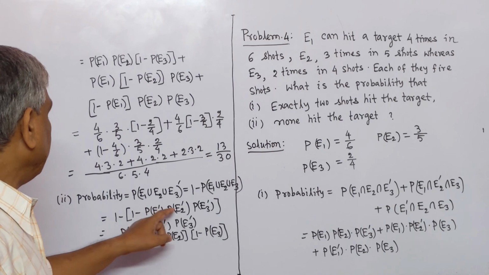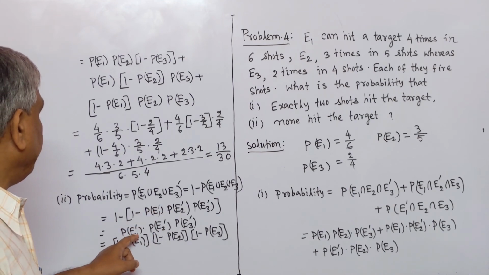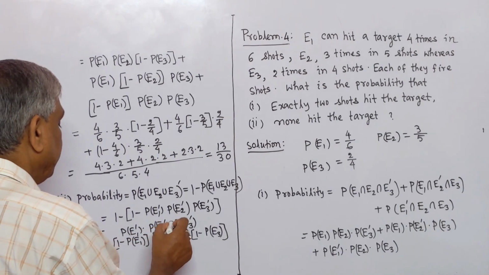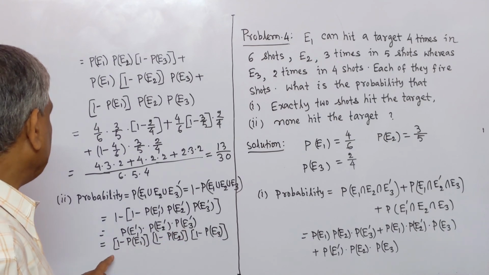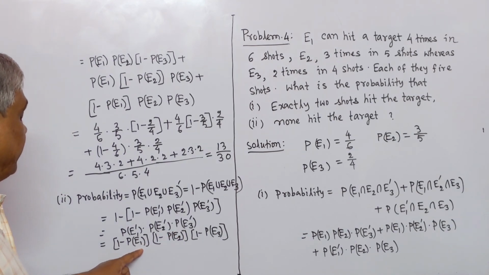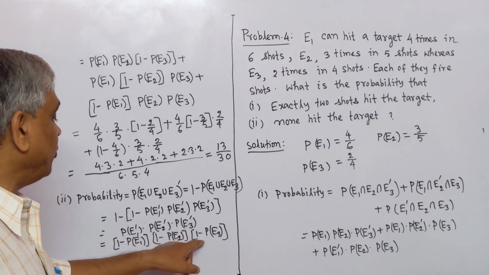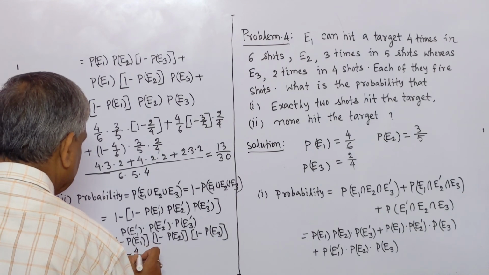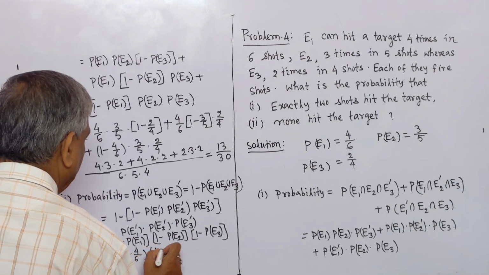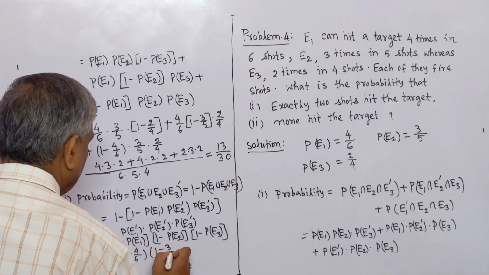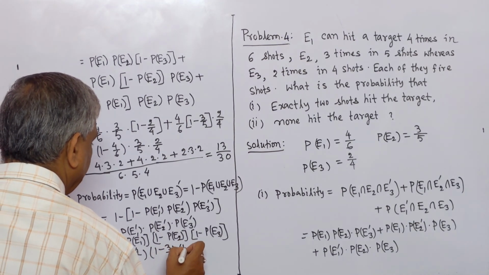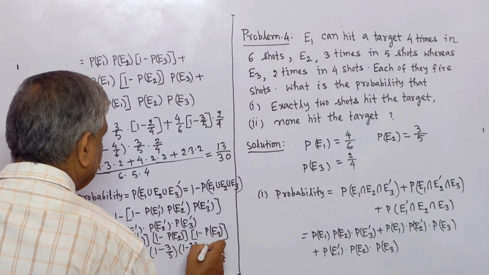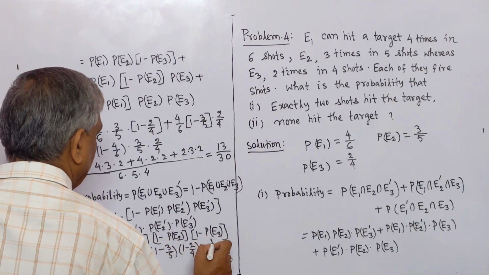Here 1 cancels, and this equals (1 minus P(E1)) multiply (1 minus P(E2)) multiply (1 minus P(E3)). We write the values: (1 minus 4 by 6) multiply (1 minus 3 by 5) multiply (1 minus 2 by 4), and by calculation we get this value as 1 by 15.